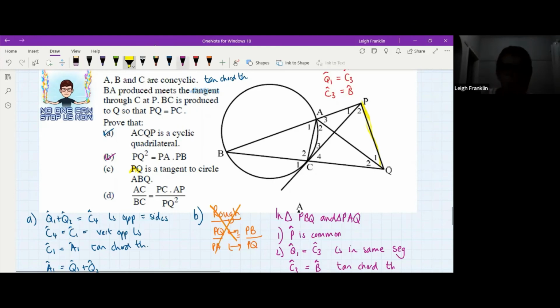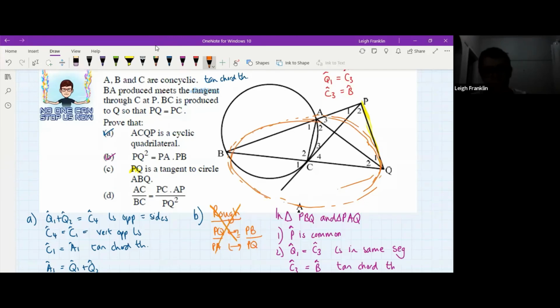So ABQ is somewhere over here. A very bad circle. That looks like an egg, doesn't it? Goodness me. All right, so they're saying triangle ABQ.